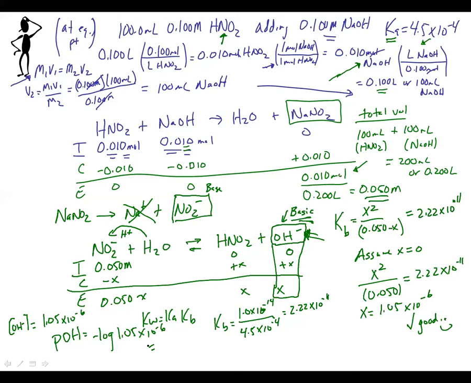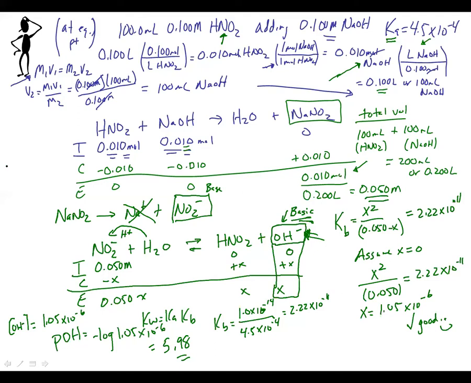And that gets us a pOH of 5.98. Also, if for some reason you thought that was the pH value, that definitely should not make sense to you, because 5.98 is acidic, and you should know that the pH should be basic.